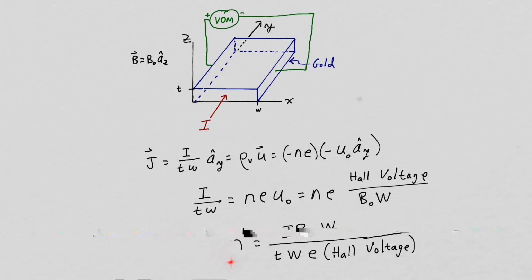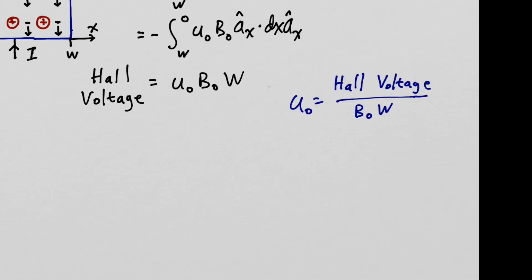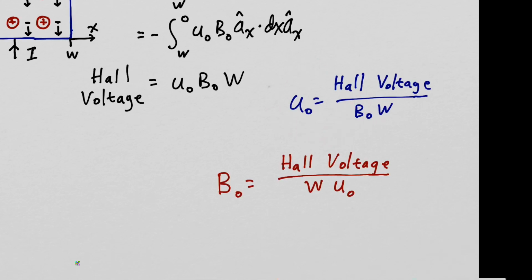So this Hall effect is also a technique that is used often, especially in the semiconductor industry, to monitor density of conduction species. The Hall effect can also be used to measure the magnetic flux density field. So if we go back to this equation here, let's solve for our magnetic field intensity. Because we'll know the material from which we built the Hall sensor, for a given current flowing through the Hall sensor, we will know the velocity with which the conduction charges are moving.